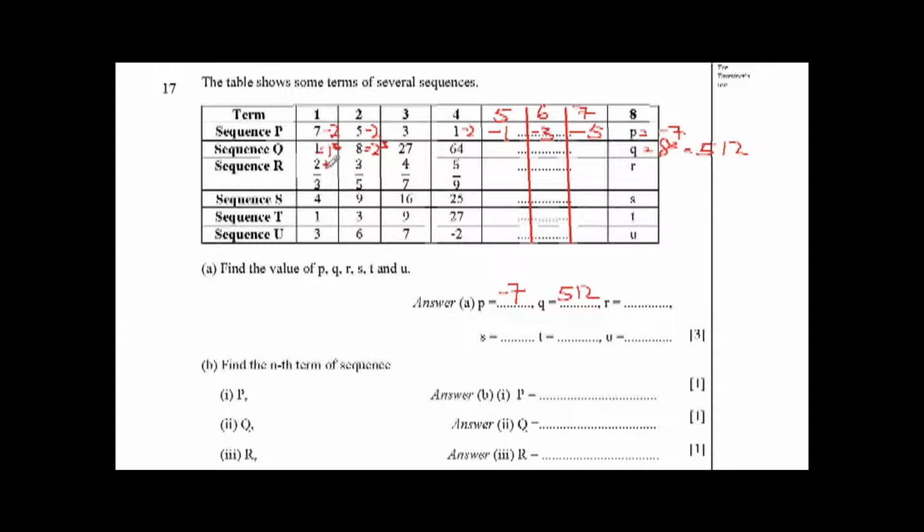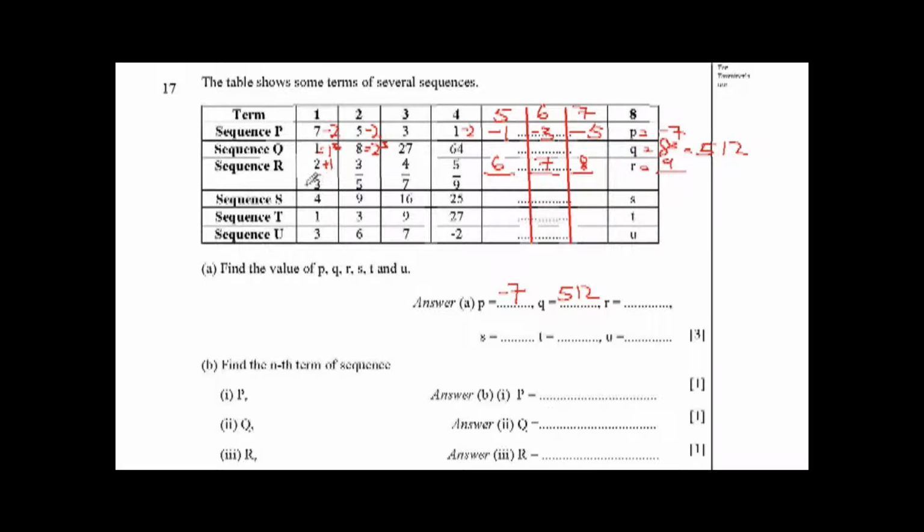For instance, 2 plus 1 equals 3, 3 plus 1 equals 4. So the numerator for the fifth term is 5 plus 1, which is 6. And this is 6 plus 1, which is 7. And this is 7 plus 1, which is 8. And so the numerator for the 8th term of R is 8 plus 1, which is equal to 9.